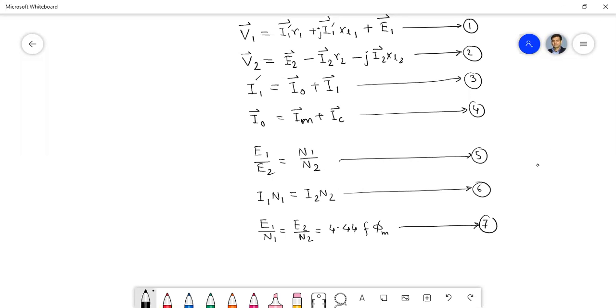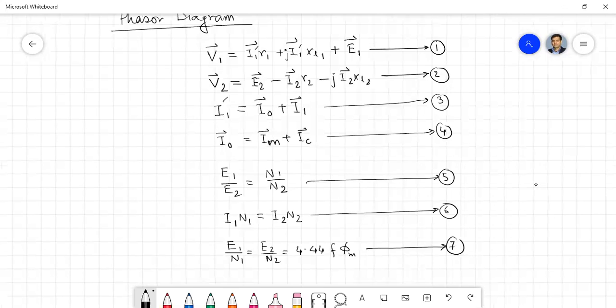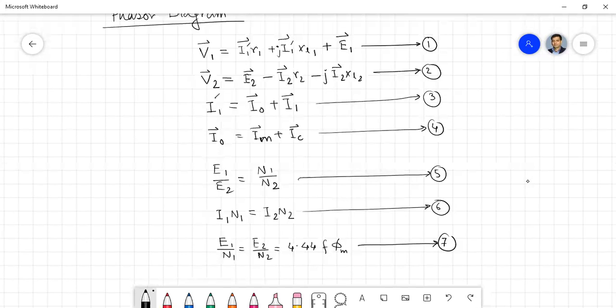So we have studied all these equations. By all these equations, we can solve any problem. We can derive any phasor diagram or any equivalent circuit for transformers.